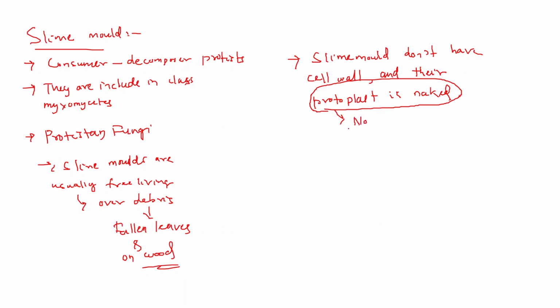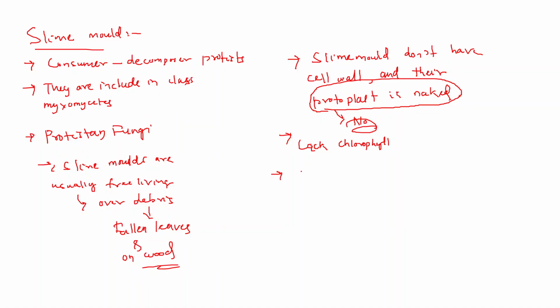These slime molds lack chlorophyll, as they are consumers and decomposers. They don't have the power to prepare their own food through photosynthesis, because they lack chlorophyll.